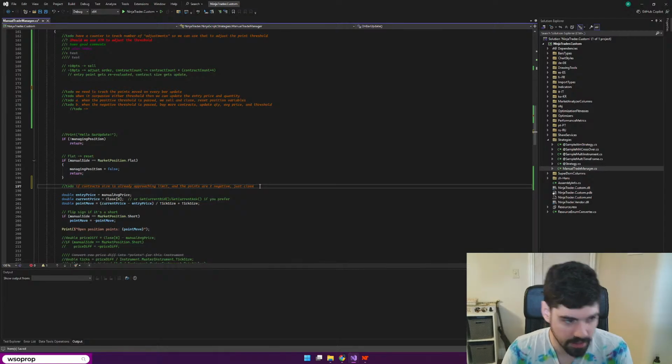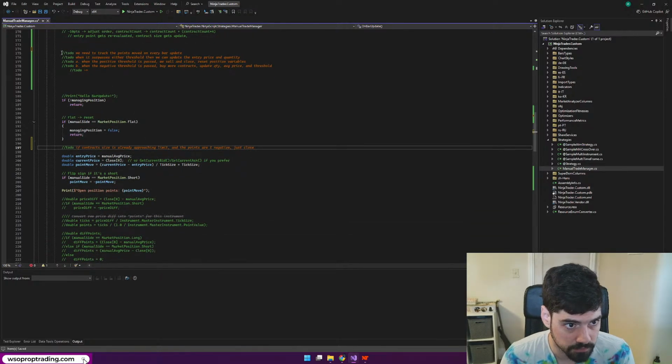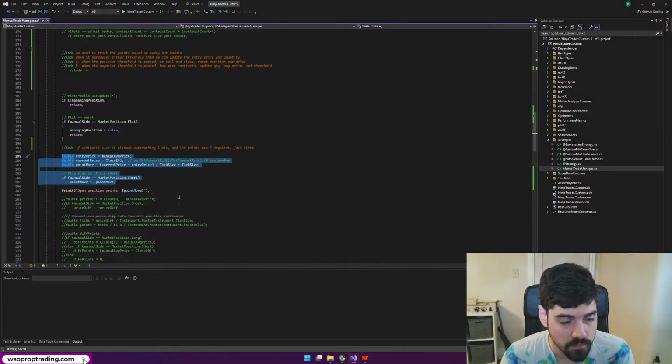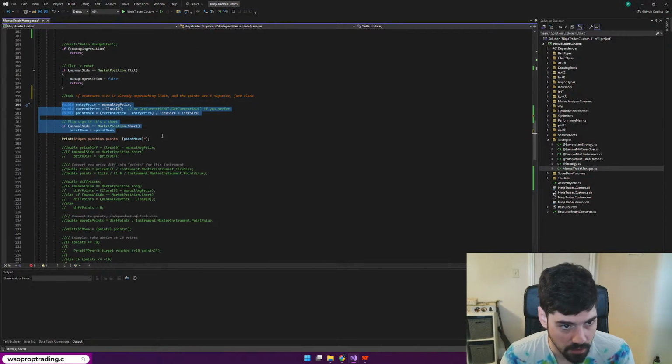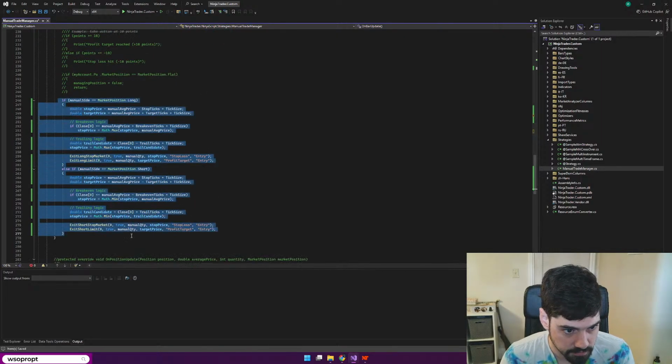It's going to depend on how we're adjusting the contracts and stuff. So I'm just going to leave that there as a note for now. We do need to do that. But ultimately, this right here is all we need to grab the point move. And then based off that point move, we can do this.